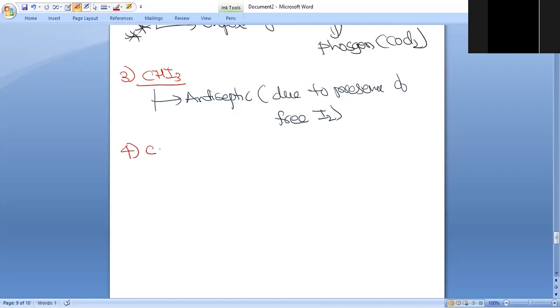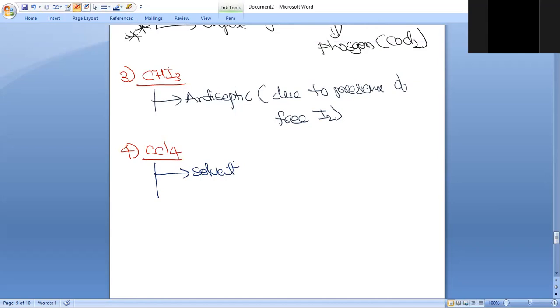Fourth, you are getting carbon tetrachloride, CCl4. CCl4 is used as a solvent. It is also used in manufacturing refrigerants.